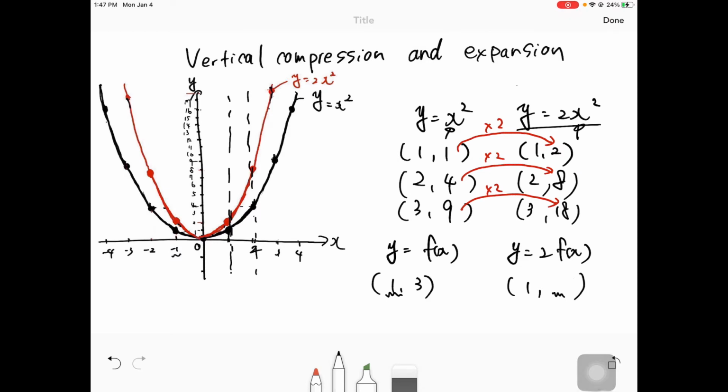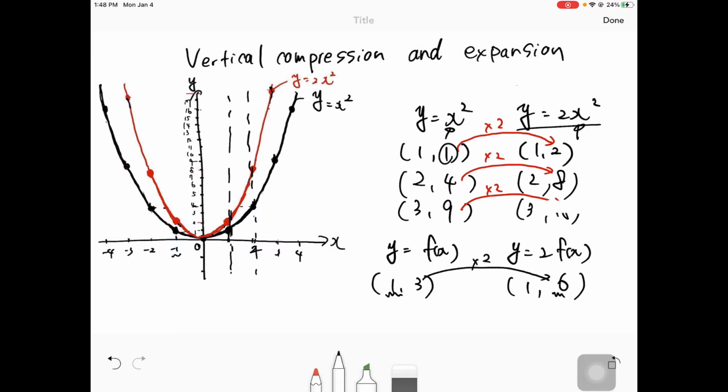And the y value of y equals 2 times f of x is, you can multiply 2 by the value of y equals f of x. So 3 times 2 is 6, like this.